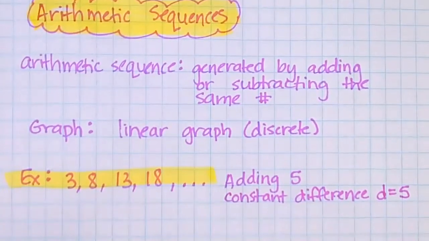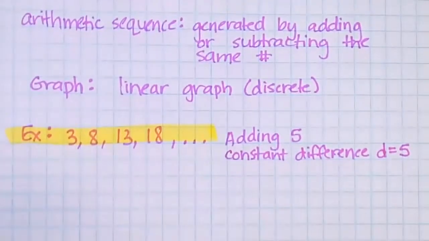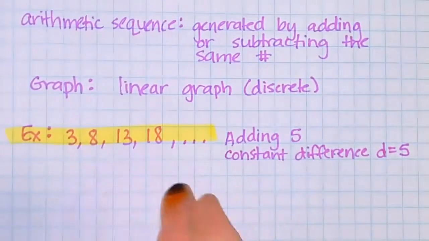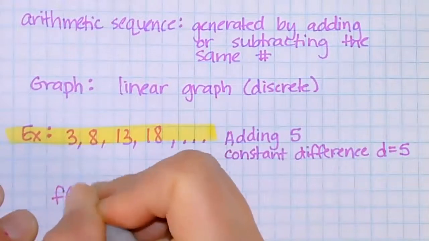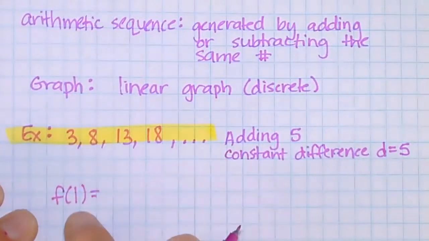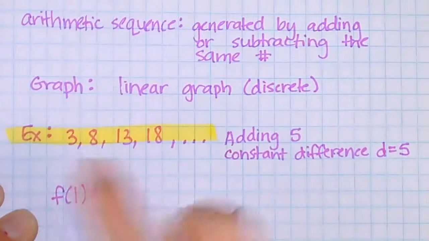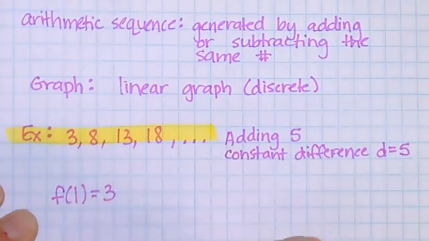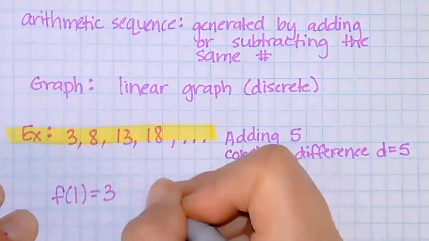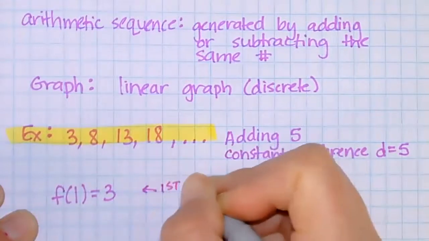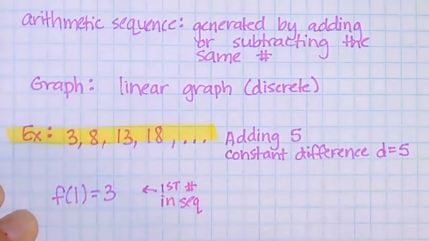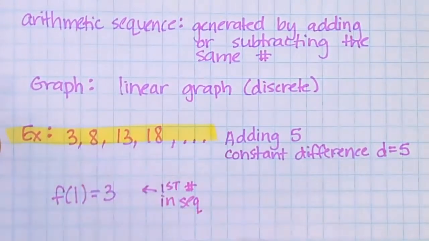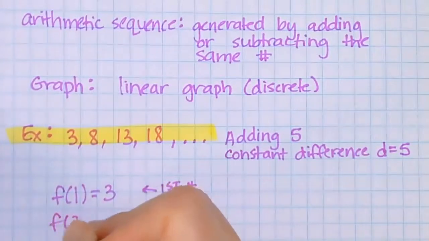Now, when we have a sequence, the easy way to denote where we are in a sequence is to do the following. Let's say I say f of 1. F of 1 means the first number in the sequence, which is 3. So the 8, for example, would be f of 2, our second term.